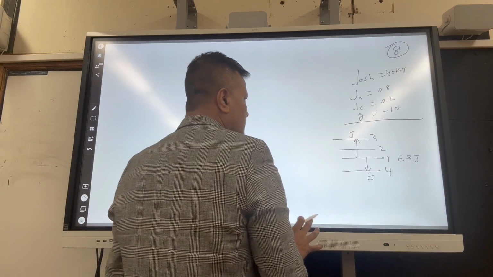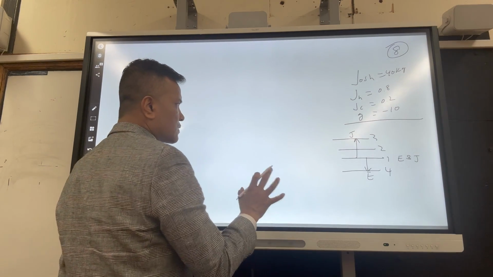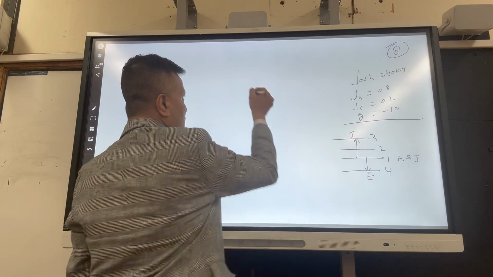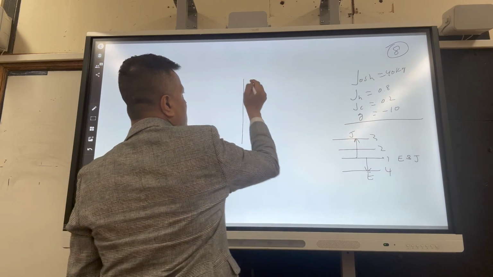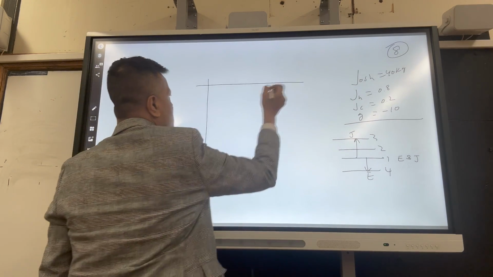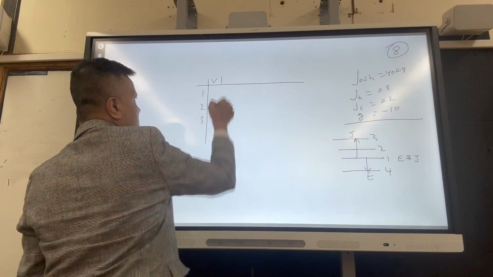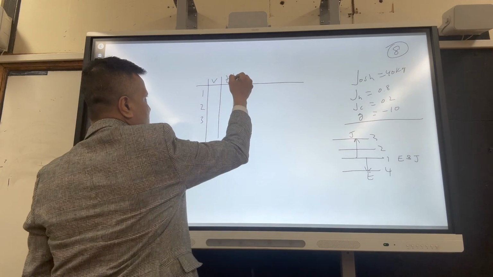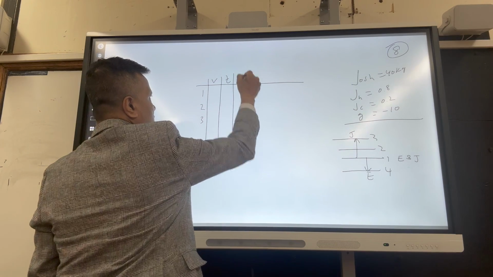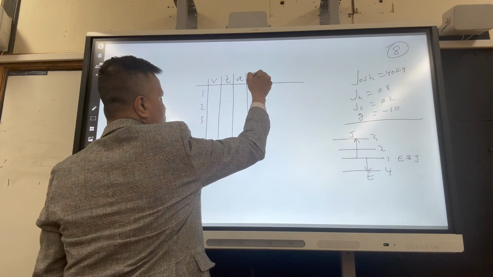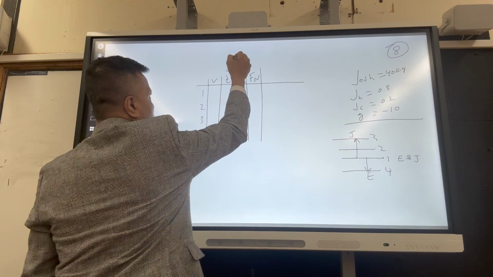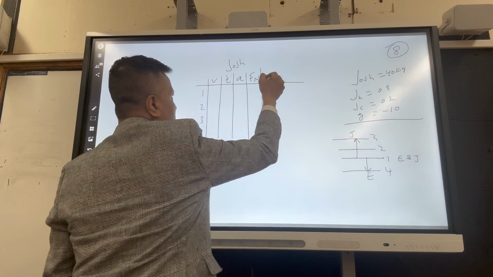Now, with this understanding, we're going to complete this table. So this is location 1, 2, and 3. And this is velocity, this is time, this is acceleration, this is net force, this is Josh, and this is earth.